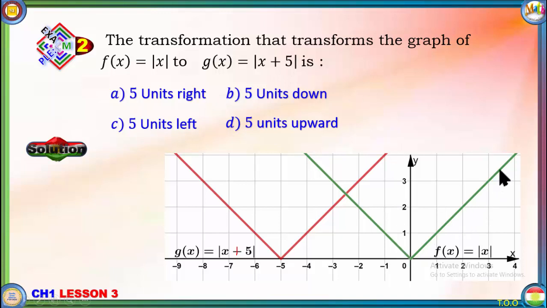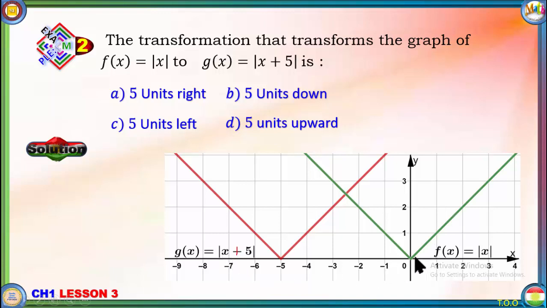And if we see it in the graph, this is the graph of the function f(x) equals absolute value of x, and this one is the graph of g(x), which equals absolute value of (x plus 5).